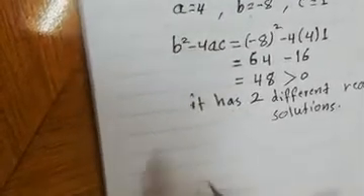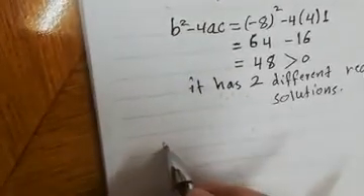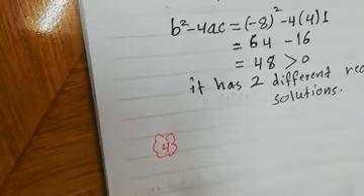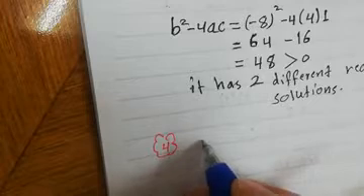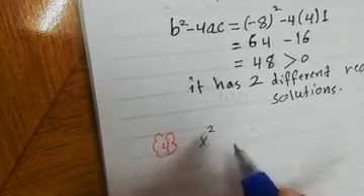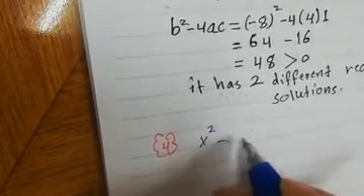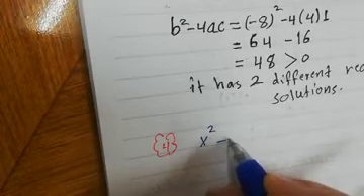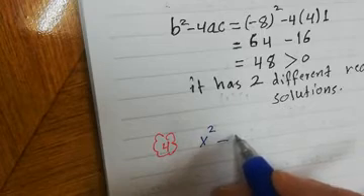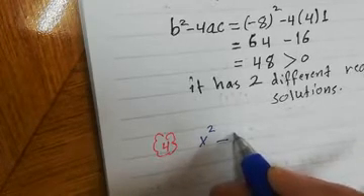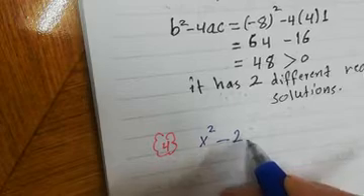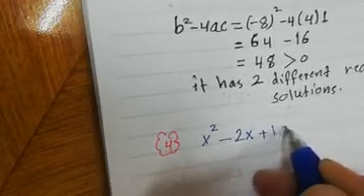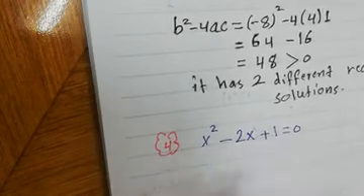Okay, the last one, let's check this, number 4. If it is x squared minus 2x plus 1 equals 0.